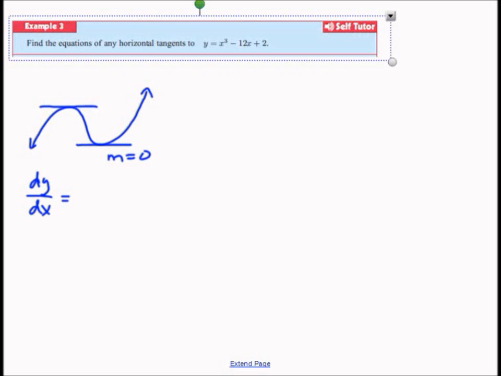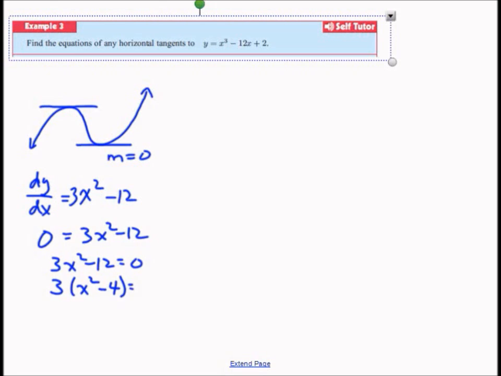So dy/dx will be 3x squared subtract 12. We're looking for the place where the gradient is 0, so we set this equal to 0. I'm going to write it this way, I find it easier to look at. Factor out the 3: x squared subtract 4.